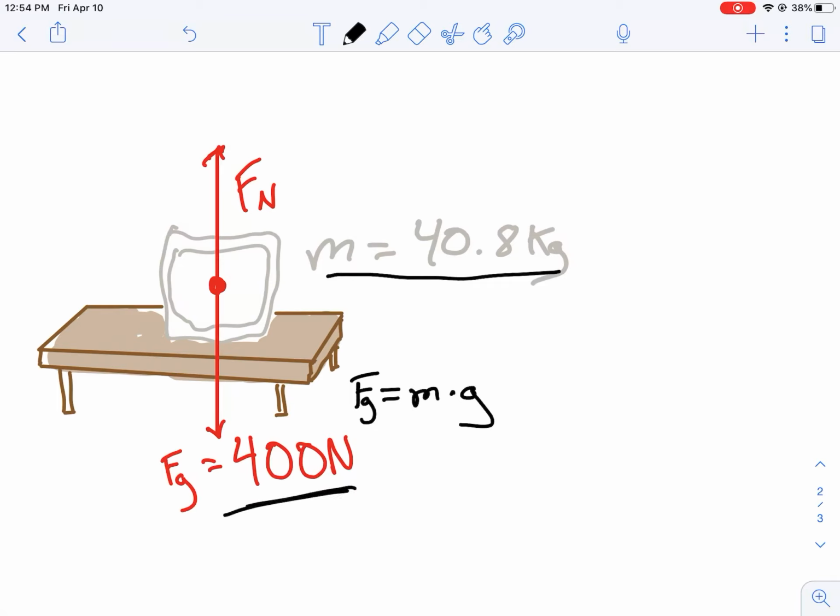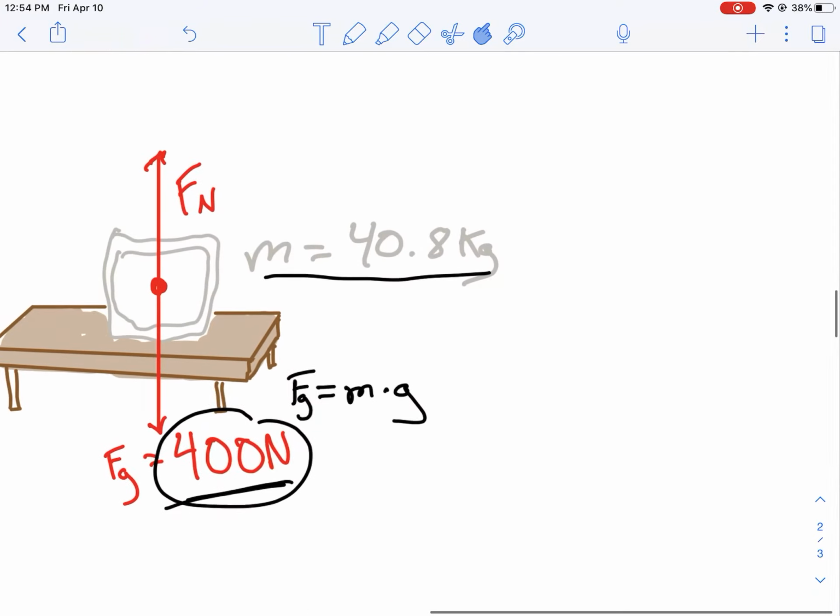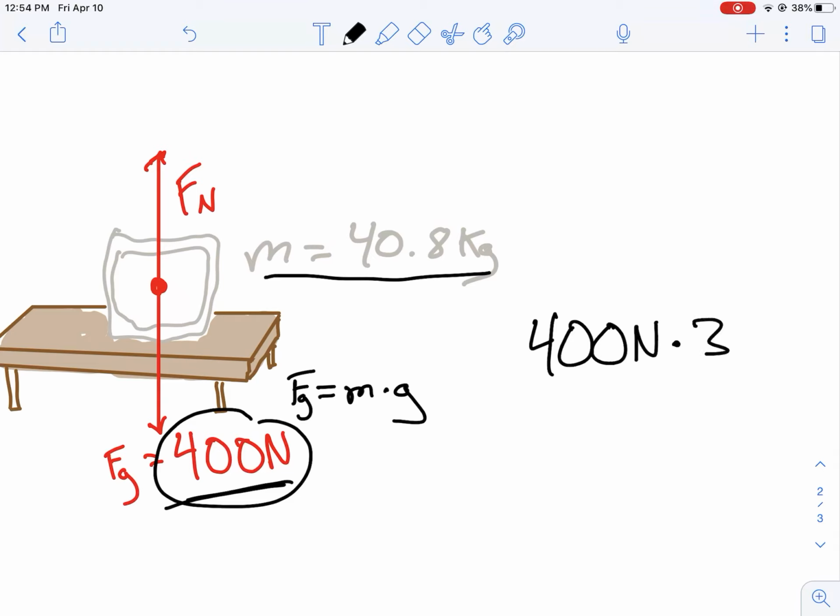So gravity exerts a force of about 400 newtons on that block of ice. And if you can lift that, if you can get that 400 newton weight to a height of 3 meters, then just think about it.